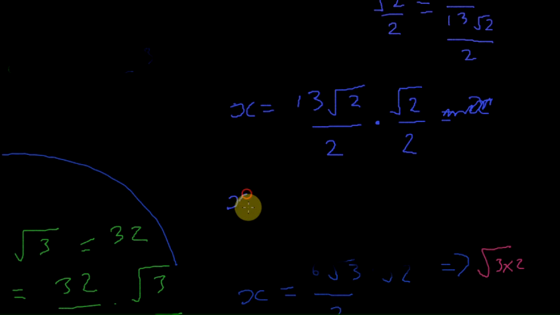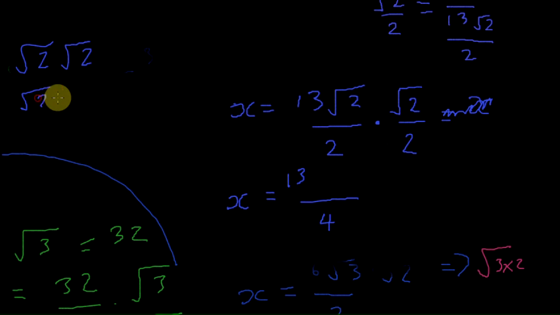And this is the hard bit. It's just the square root of 2 times square root of 2, which we know. We did that aside, didn't we? Square root of 2 times the square root of 2 is just 2 times 2, which is now 4. And obviously you can do the square root of 4, which is just 2.